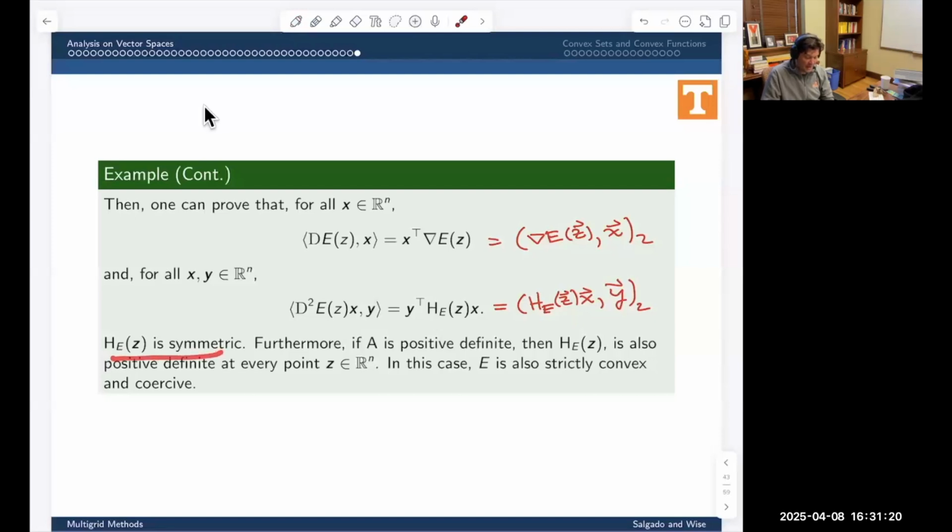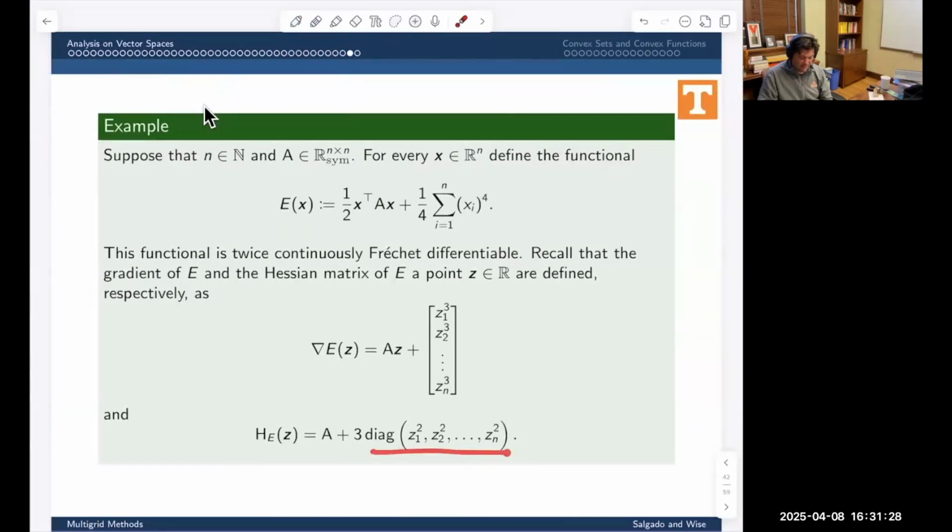Right? It's symmetric. Now, if A has a little bit more structure, if A is also positive definite, then this is positive semi-definite and this is positive definite. That says that the Hessian matrix has to be strictly positive definite in this case, because that's strictly positive definite.